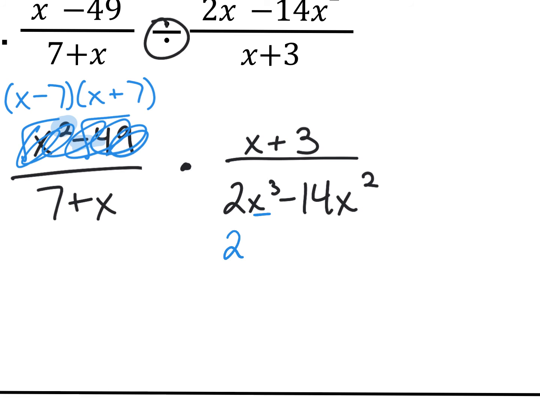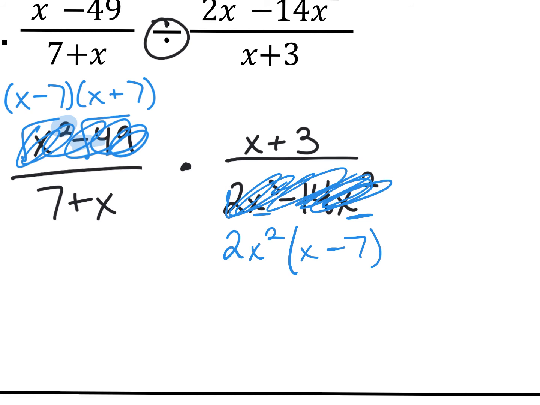And then we have x to the third and x squared. So what do they both have? X squared. If one's got 3 and one's got 2, they both have 2. So when I take that out of the first term, 2x to the third divided by 2x squared, what's going to be left? Just x, and then the second term is going to be a minus 7. Perfect. So that is my new second denominator.